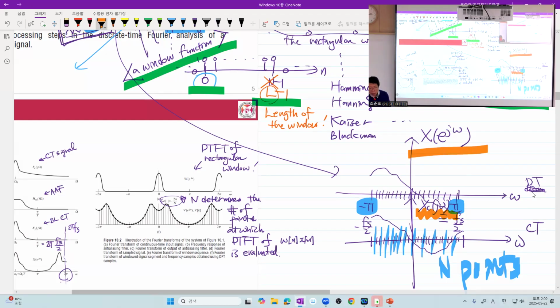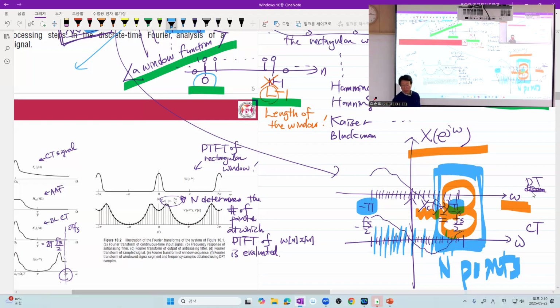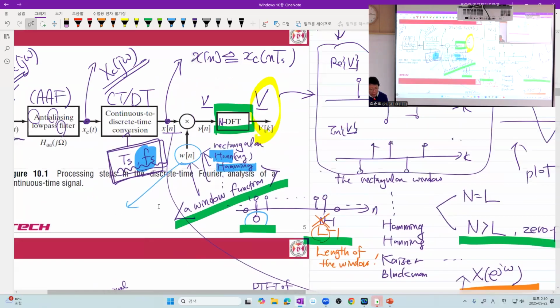So when it is converted to the DTFT, then what happens? You must remember that in radian frequency, pi means the sampling frequency divided by 2 hertz. Got it? You must always remember. So this relation, pi corresponds to half the sampling rate in hertz, is not determined by your choice of L or N, but by your choice of sampling frequency.